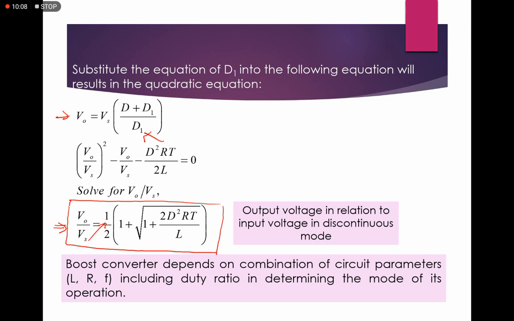But when you need to find the output voltage in DCM, it doesn't only depend on the duty cycle and Vs, it also depends on the value of your inductor, the value of your switching period T here, as well as the value of your R. So if any of these variables varies, for sure your output voltage will vary as well.